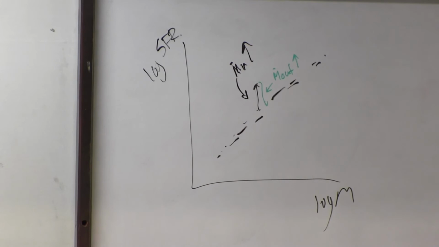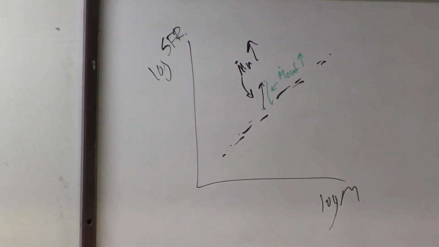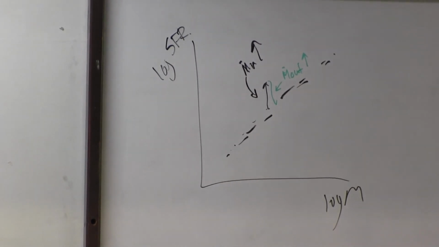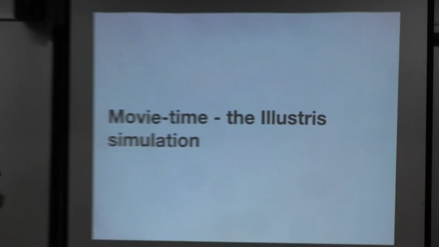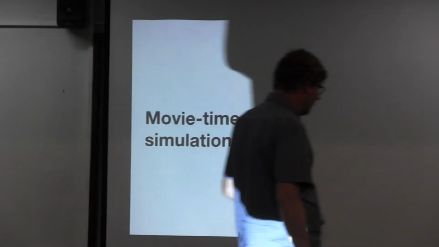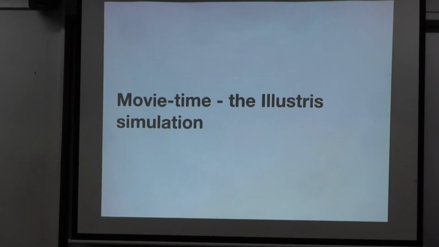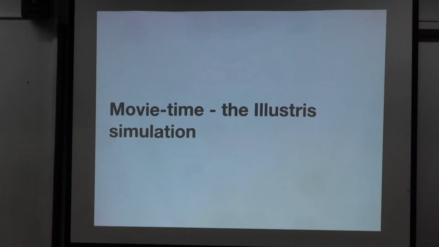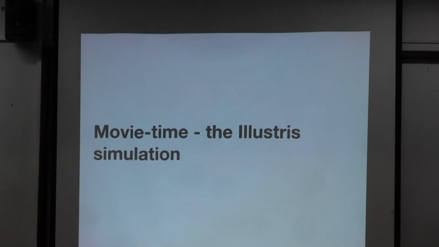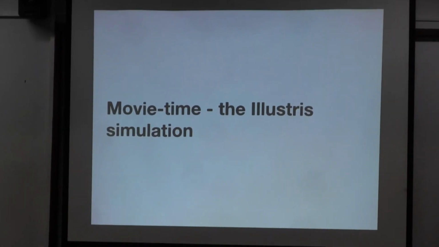Okay, so I have a couple of movies as an illustration of this whole process. I'm going to show you two simulations. These are the rulers of the roost today, the state of the art.